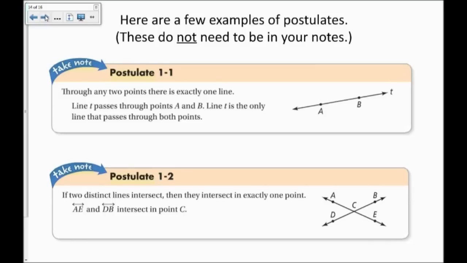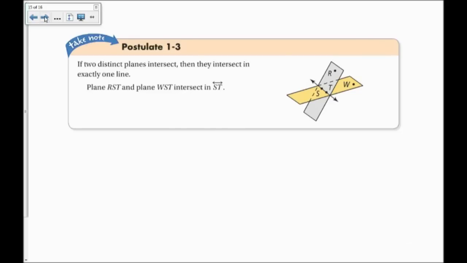That doesn't need to be proven, it's accepted to be true, that if 2 lines intersect, they are straight, and so they can't intersect somewhere else. Postulate 1-3, if 2 distinct planes intersect, then they intersect in exactly one line. So if there's two planes that intersect, they will intersect at exactly one line. That is accepted to be true without requiring a proof or a logical justification for why it's true.